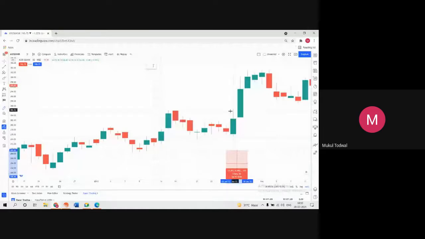If the red candle has a shadow till this point, the green candle has a bigger shadow. The red candle ends up here, but this portion is left to be covered, and that is why you won't get a better call.